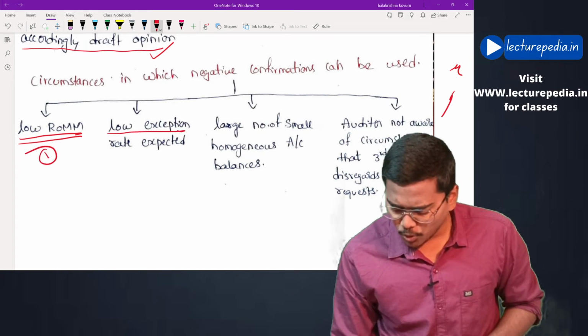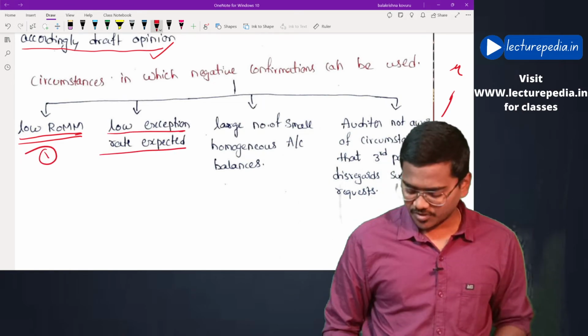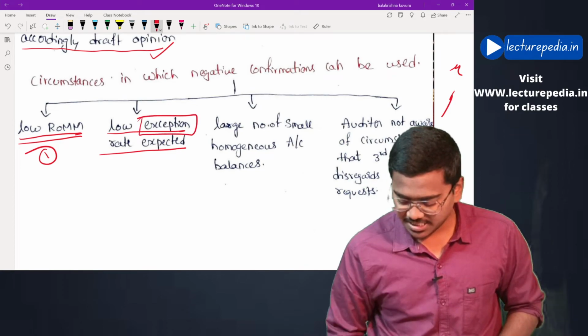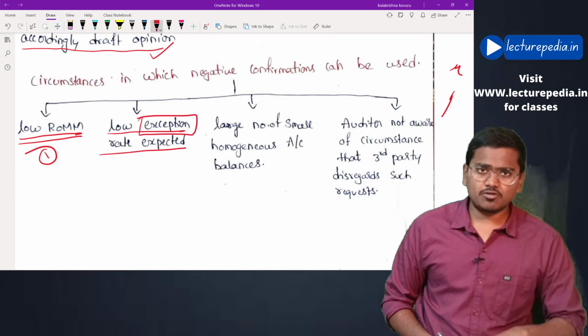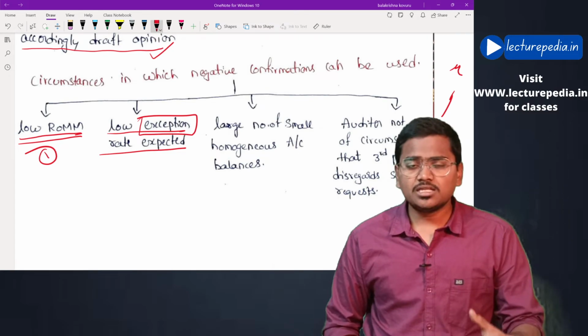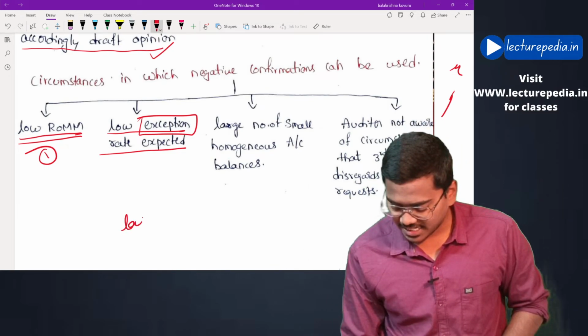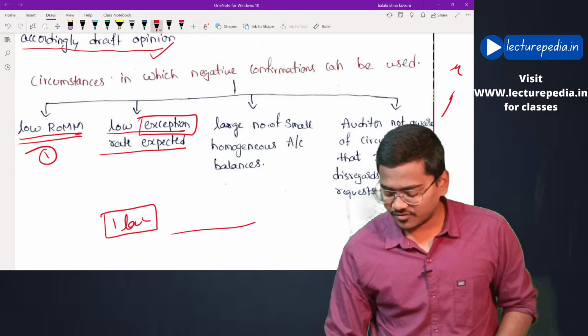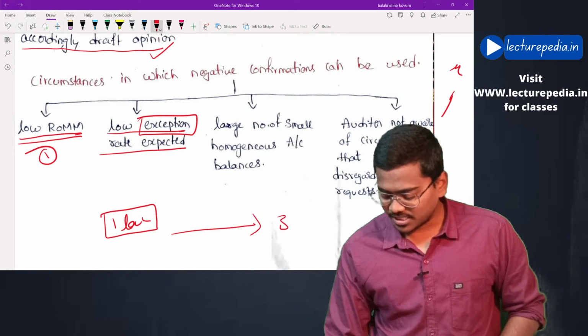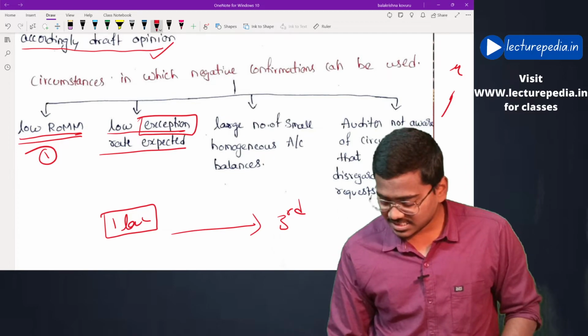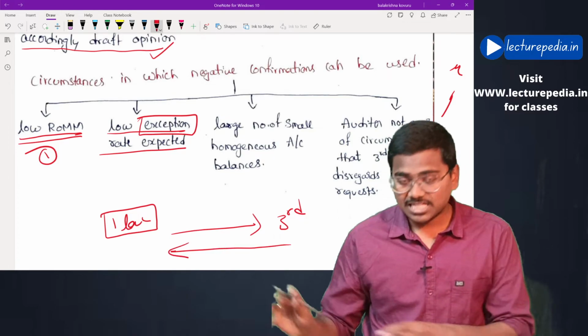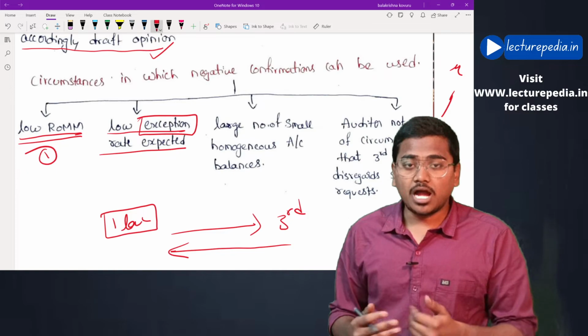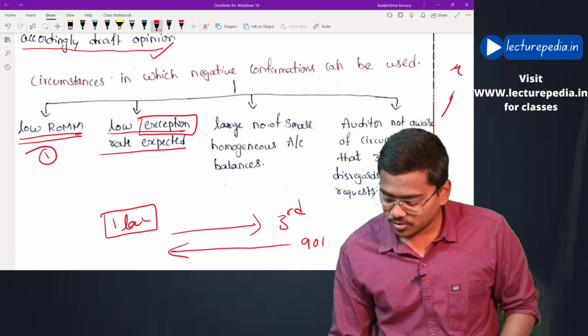Next, low exception rate is expected. What is meant by this exception rate? Let's say in our books the balance is some 1 lakh. Now the auditor is requesting a confirmation from a third party. Now the third party has confirmed that as per their books, the amount is some 90,000 only.